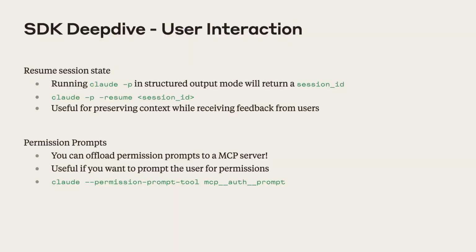And then the last one, and this one's actually pretty interesting, and it's fairly recent too, is the --permission-prompt-tool. We talked a little bit about how to give Claude permissions using the allowed tools flag, and that requires you to pre-configure them in advance. But what if you didn't want to do that because you don't know what tools Claude would want to use in the future?